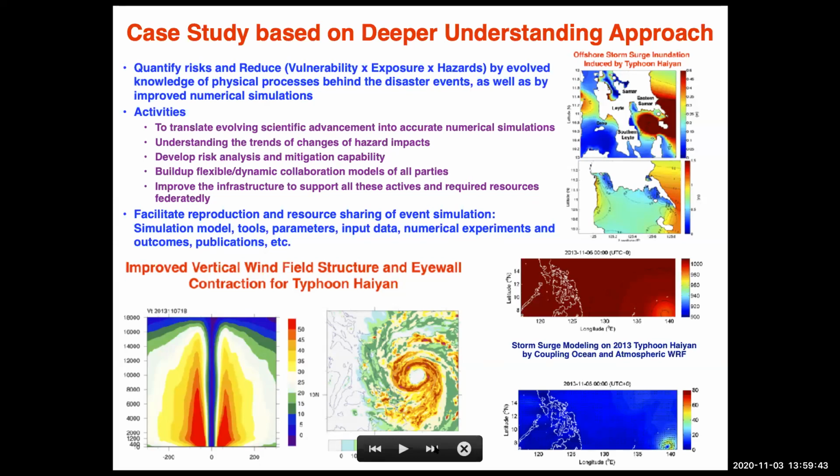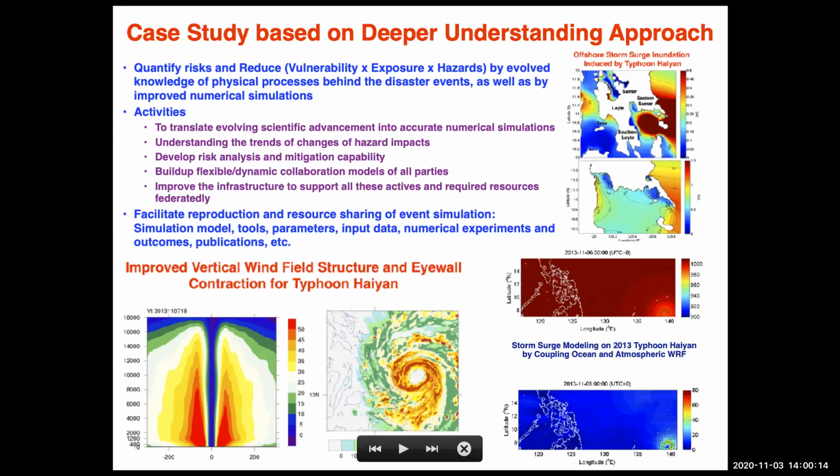In order to capture the impact of the storm surge accurately and in a timely way, we combine the atmospheric model and the oceanic model to simulate the storm surge effects directly from the evolution of the typhoon. The other challenge is that it's very difficult to precisely simulate the lowest pressure and the highest wind speed of a super typhoon, so in this case study the simulation model was revised based on the IO physics.